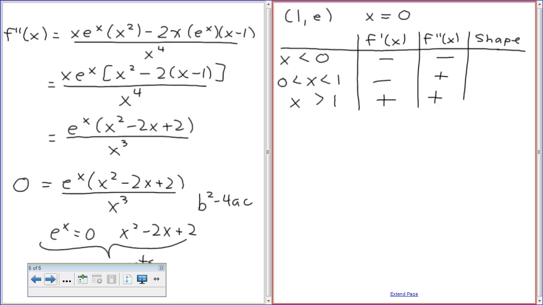Okay. A negative graph that's getting more negative looks like what? The negative graph getting more positive looks like this. A negative graph getting more positive looks like this, and then a positive graph getting more positive looks like this. To graph this, I'm going to do this very quickly here.